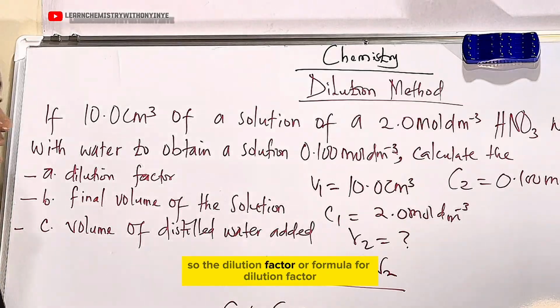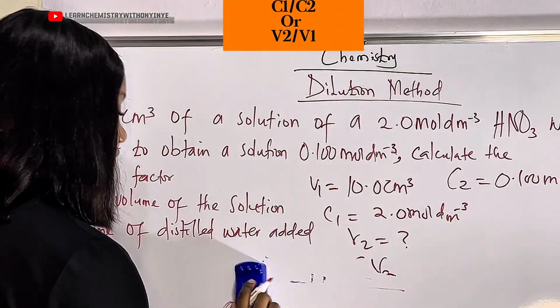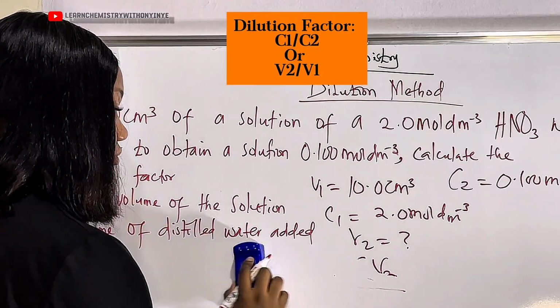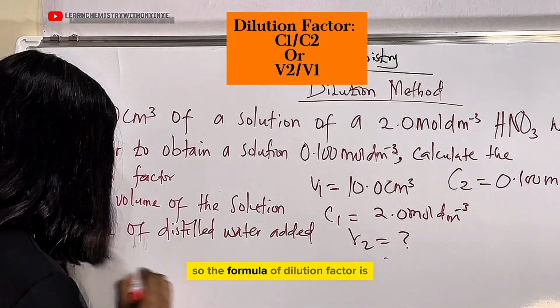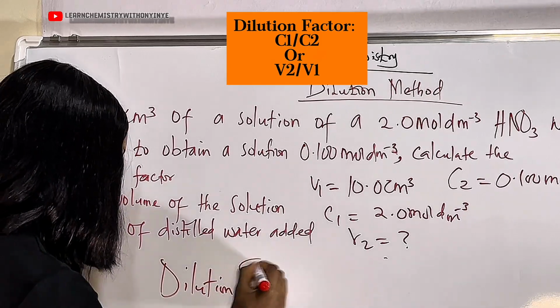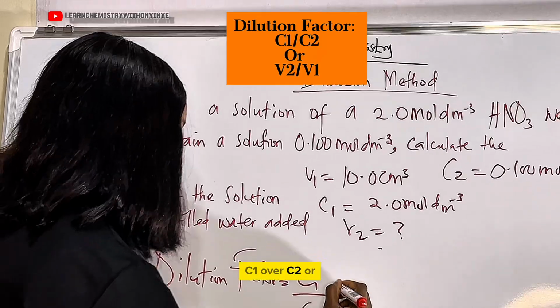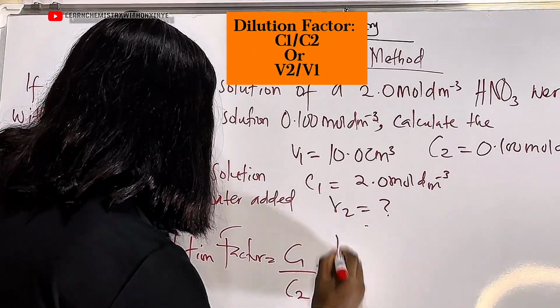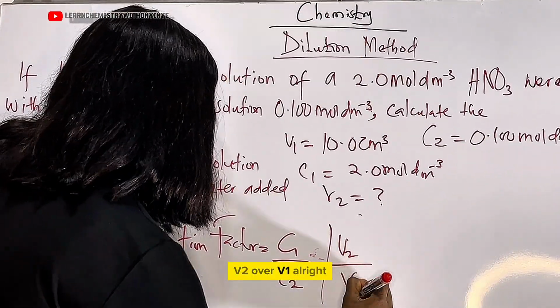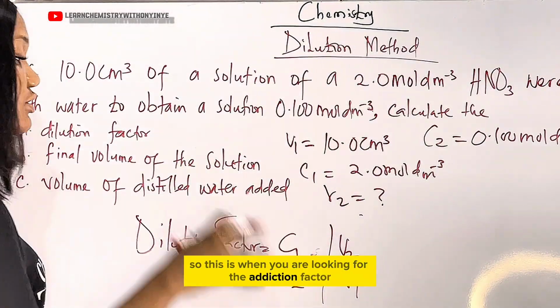So the formula for dilution factor is C1 over C2 or V2 over V1, right? So this is when you're looking for dilution factor.